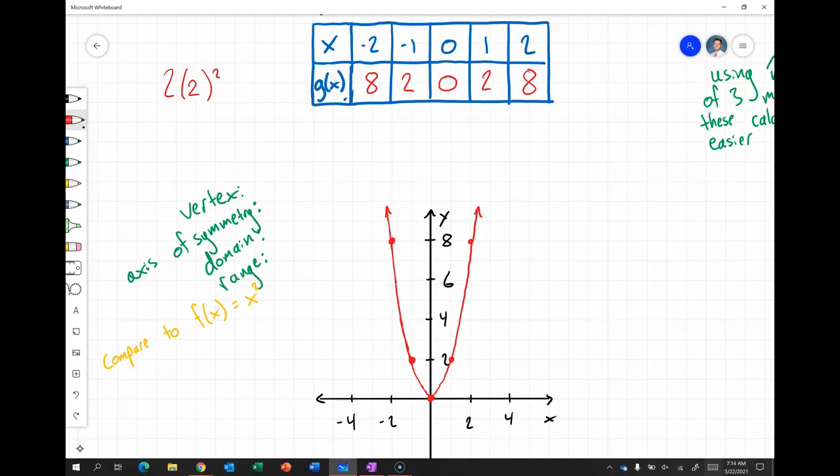Okay, now the vertex of this graph, right, we can see the very bottom, the minimum point of our graph is at 0, 0. So that's our vertex. Now the axis of symmetry, we can see, will be x equals 0.